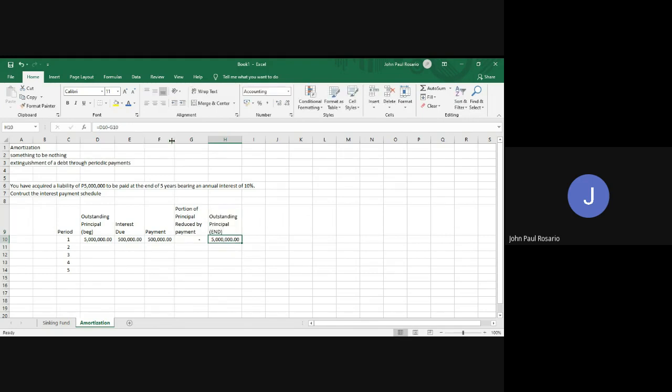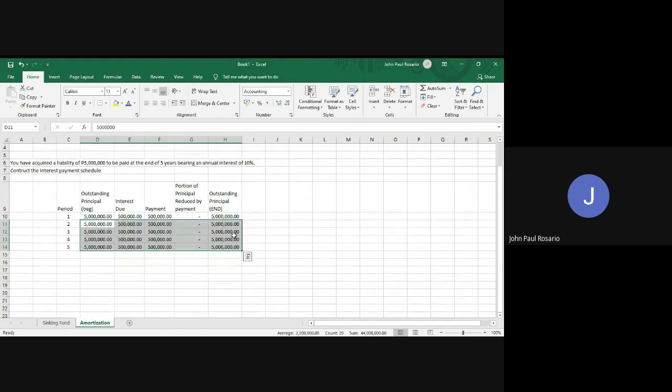So for the 5 years, your debt is still at 5 million pesos.